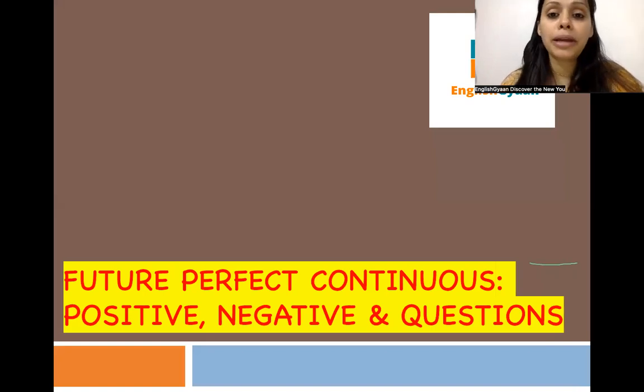For that, you make use of future perfect continuous tense. I repeat, any new activity that you will start in the future, it will go on for some time and end in the future. For that, we make use of future perfect continuous tense.